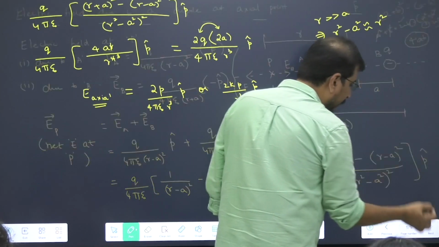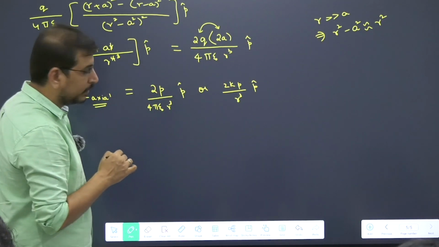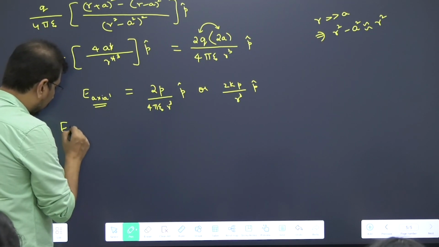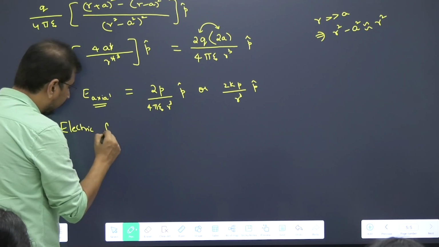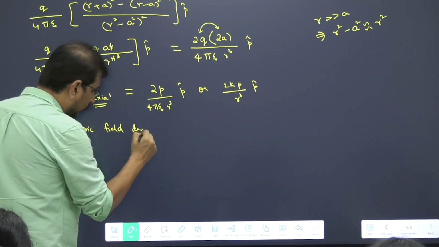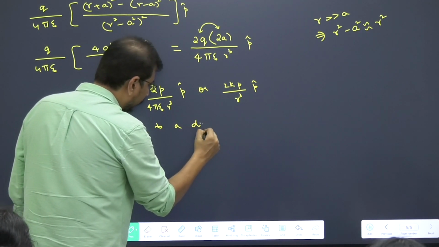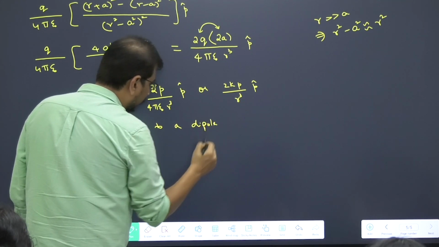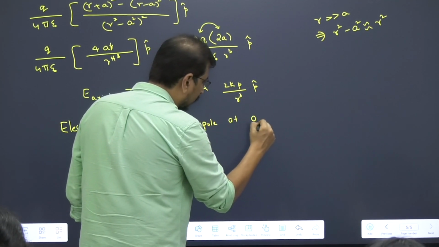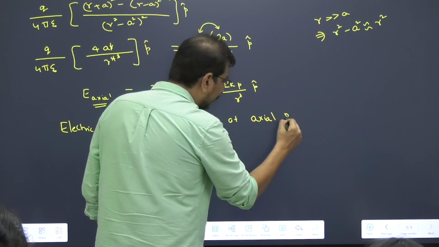So here the important point that we need to make a note of is: electric field due to a dipole at an axial point.